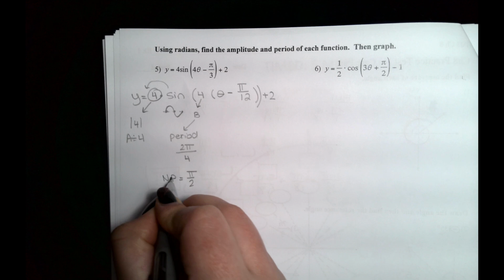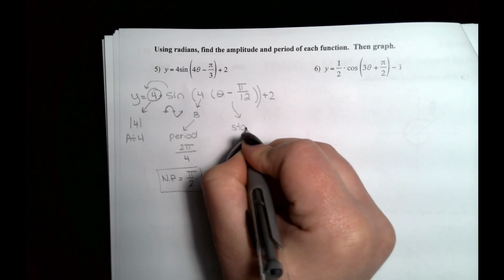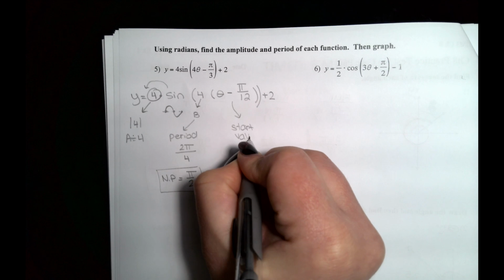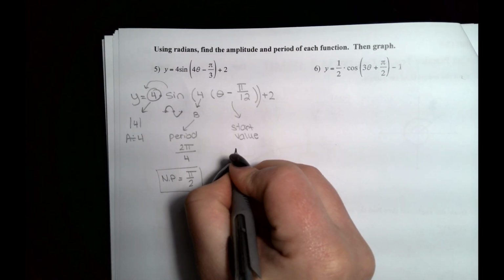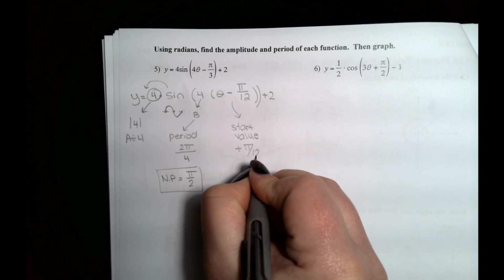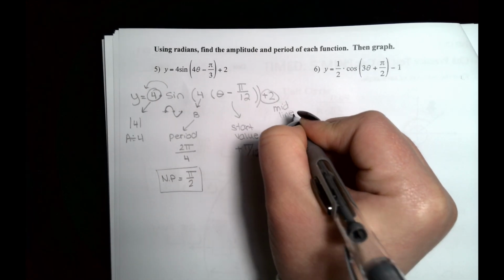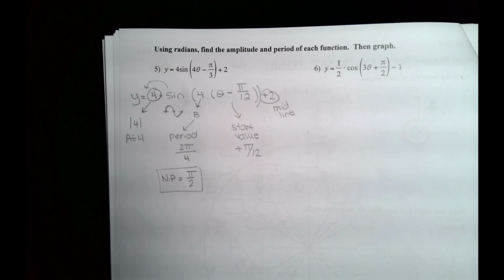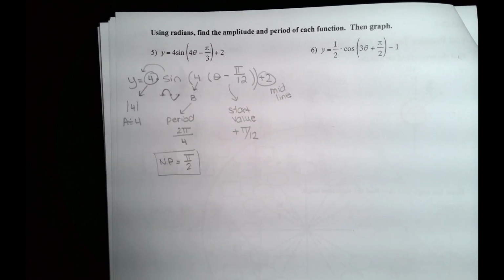New period. Next, this is my start value, my phase shift. A lot of times you'll see what's a phase shift. It's your start value, opposite of what you see. We're going to start at pi 12ths, and k is your midline. When I identify by pulling things out with arrows, there's 2 values that are not given in the equation that you need to find.